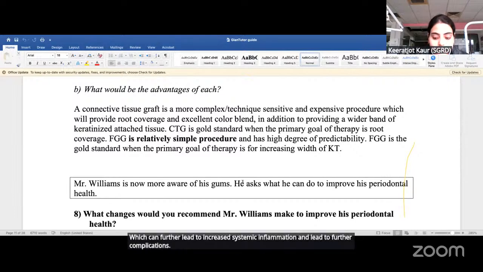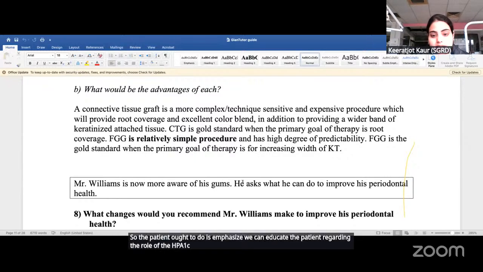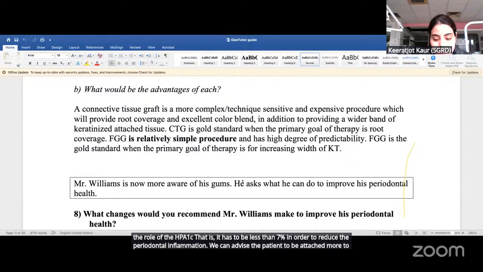We can educate the patient regarding the role of HbA1c, that it has to be less than 7% in order to reduce periodontal inflammation. We can advise the patient to adhere to a balanced diet, which is low in refined sugars, high in fiber, and rich in omega-3 fatty acids.